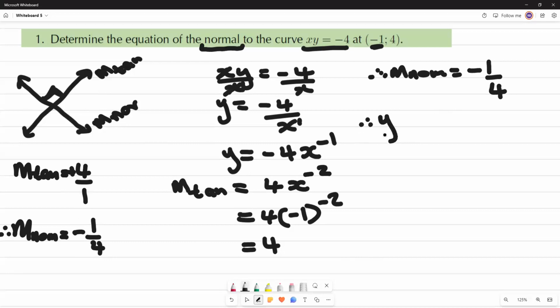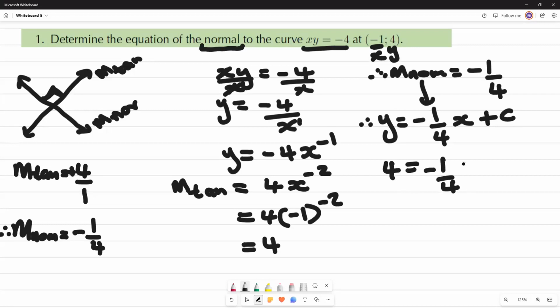Therefore, I have y = -1 over 4 x + c. Remember, my m comes there. Remember, it's mx + c. Now I can sub in a point. Negative 1 is my x, 4 is my y. So 4, where my y was, equals -1 over 4 times negative 1, plus c, which gives me 4 equals 1 over 4 plus c.